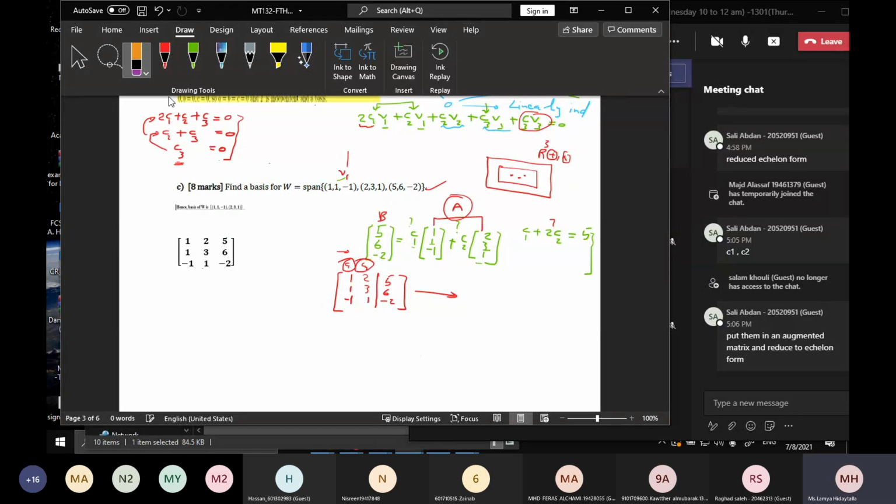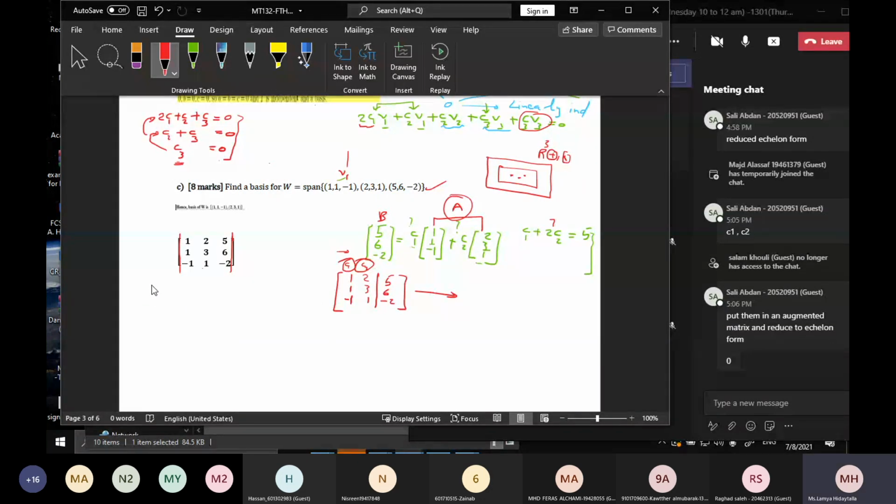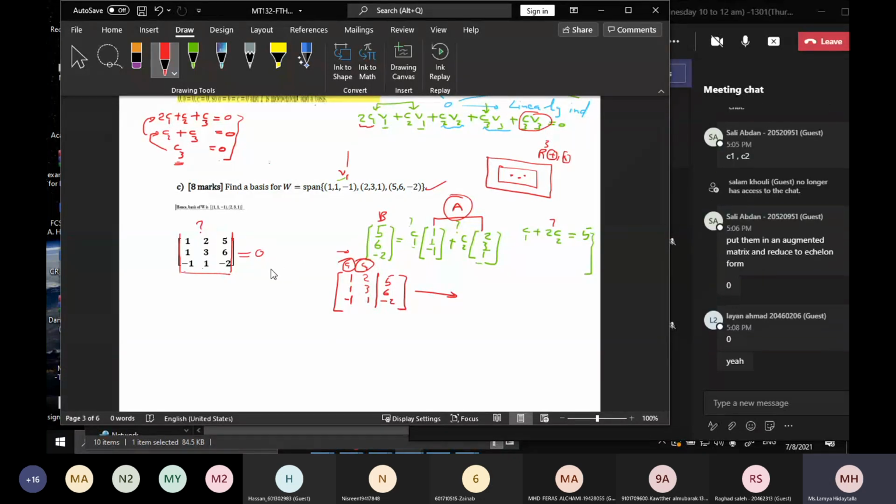A determinant المفروض تطلع بكم؟ تساوي صفر ولا لا؟ Find the determinant for this one. Yeah, because they are dependent. The determinant should equal 0, go and solve that to make sure that they are dependent.